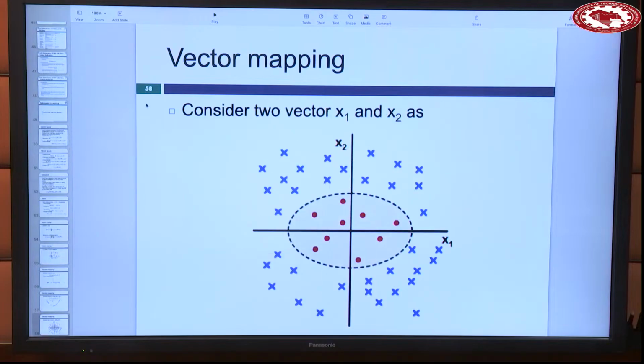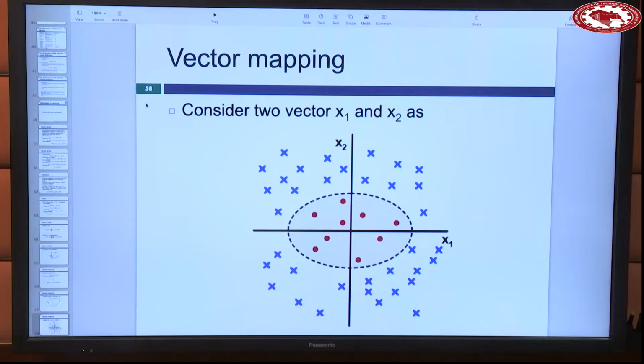Another case: suppose you have positive samples and negative samples. No linear classifier can classify here. We need a non-linear classifier, but you only have a linear model. So how will you do it? The idea is to uplift the data into higher dimension.